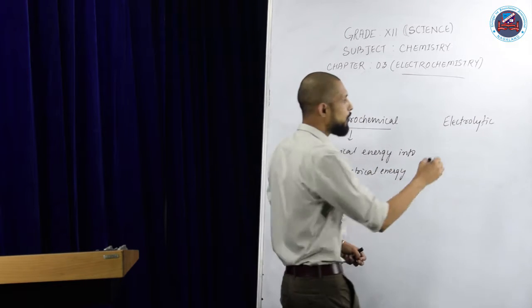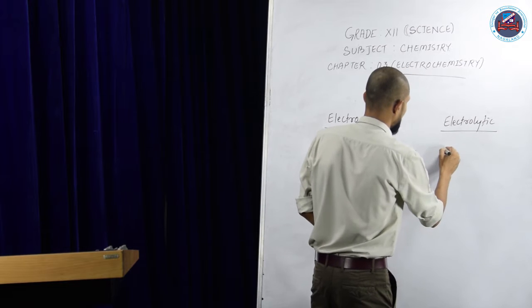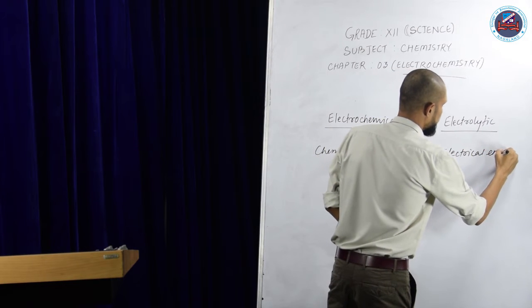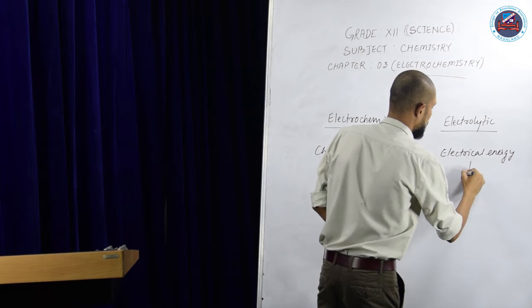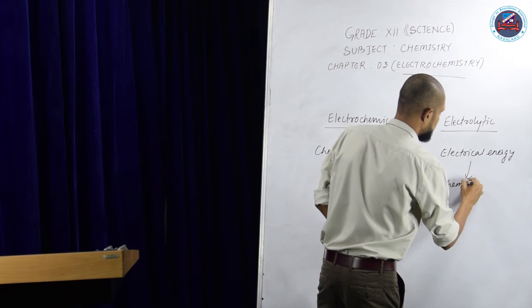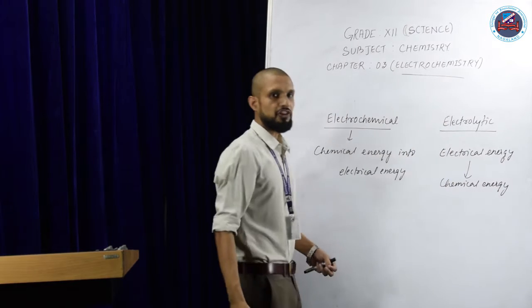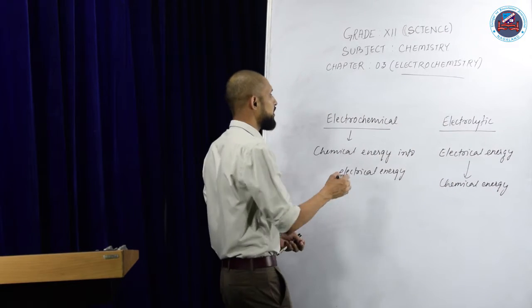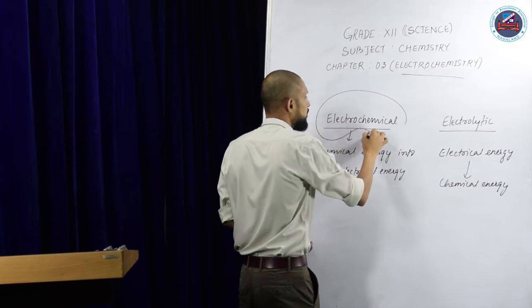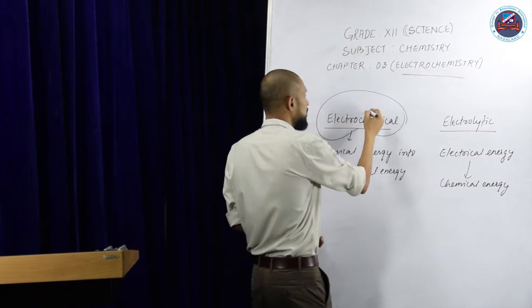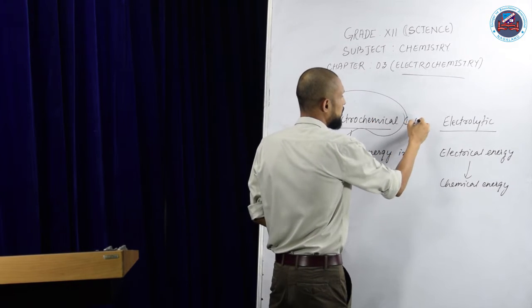Whereas in electrolytic device, we convert electrical energy into chemical energy. So in this chapter, we are going to study about electrochemical device in detail. Electrochemical device, or we can say electrochemical cell.